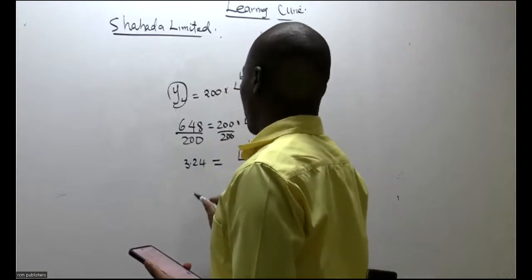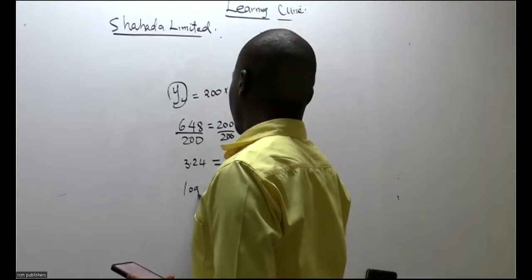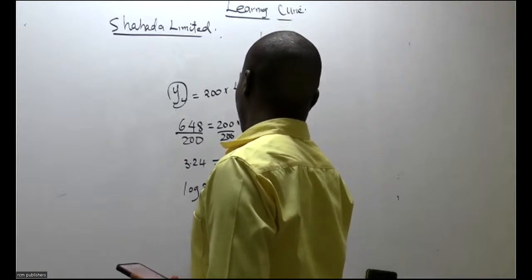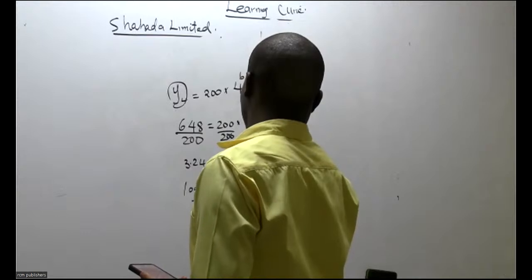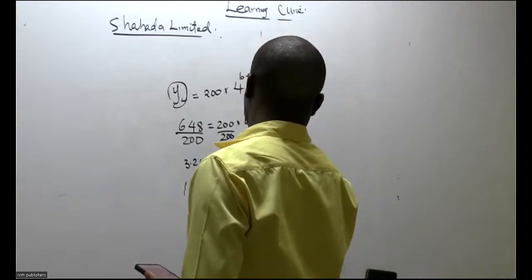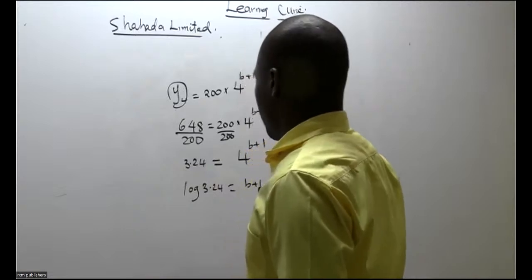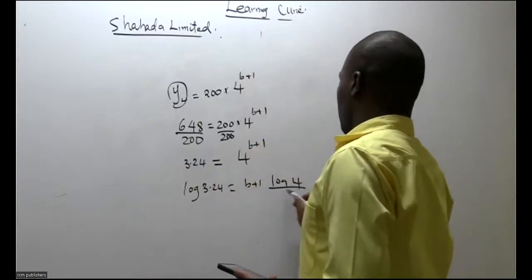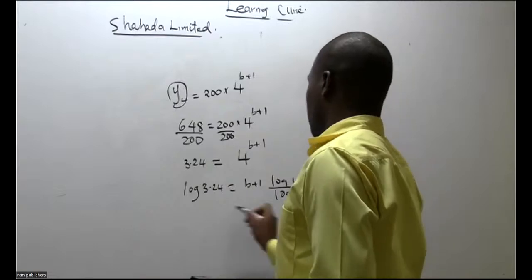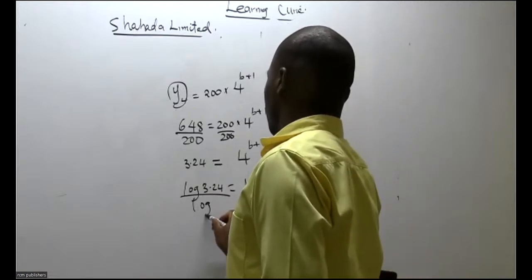Introduce log. We are going to have log 3.24 is equal to B plus 1 log 4. So divide both sides by log 4.